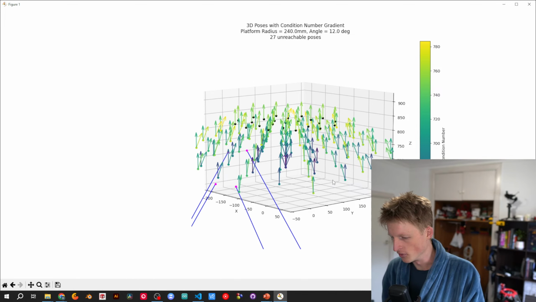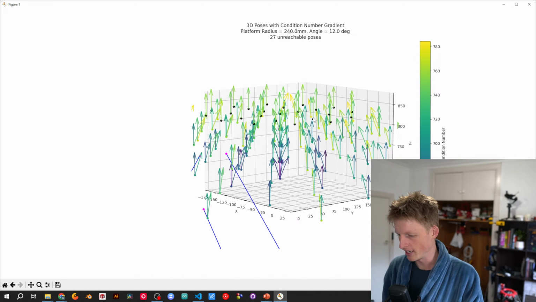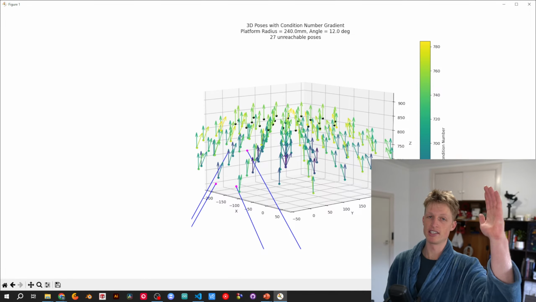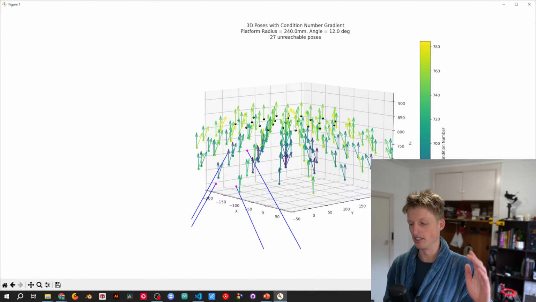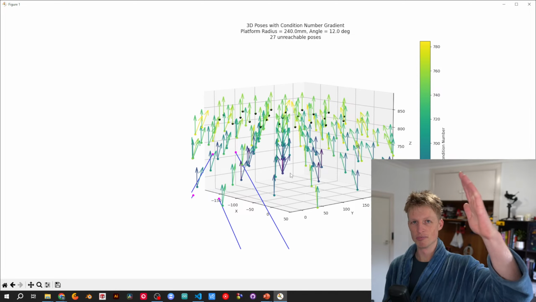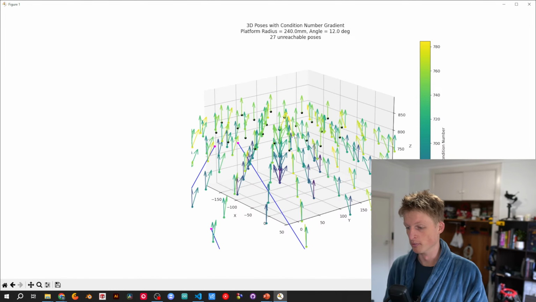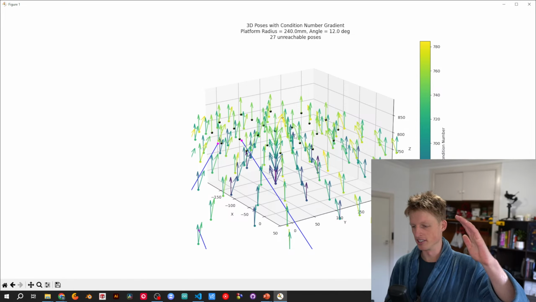And so on all of the points where there's a black dot, there's an arrow pointing straight up, which means that the platform can reach that point in its vertical orientation, but there's no arrow pointing in, which is why there's a black dot there, saying that the platform cannot reach that pose where it's tilting inwards.